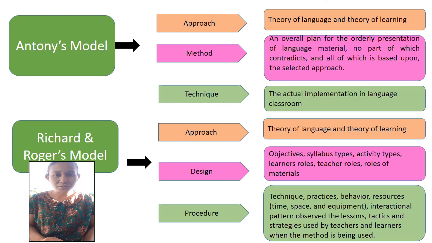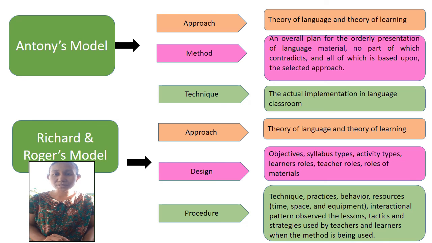Meanwhile, Richards and Rodgers' model consists of approach, design, and procedure. Approach explains theory of language and theory of learning. Design consists of objectives, syllabus type, activity type, learners' roles, teachers' roles, and roles of materials.